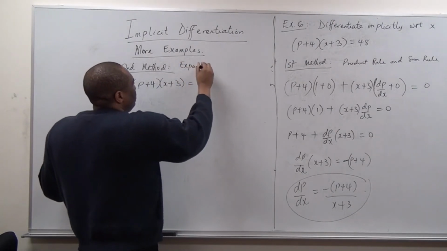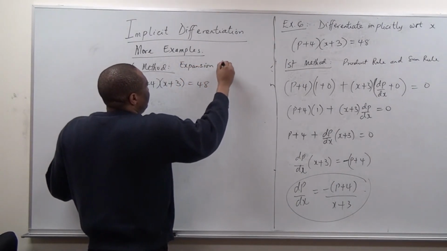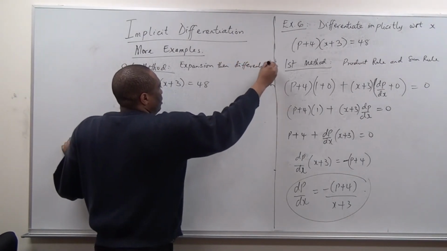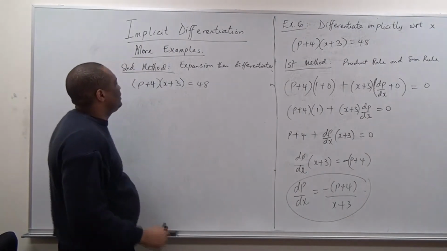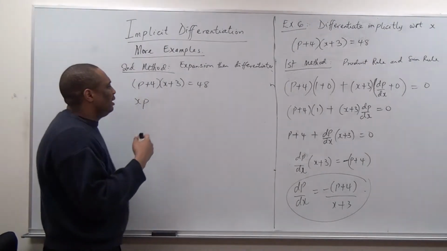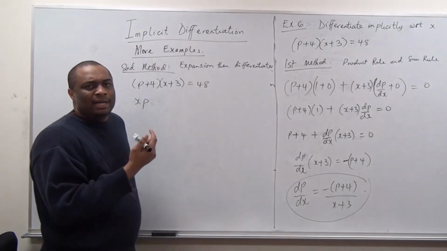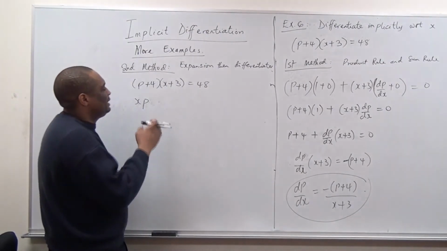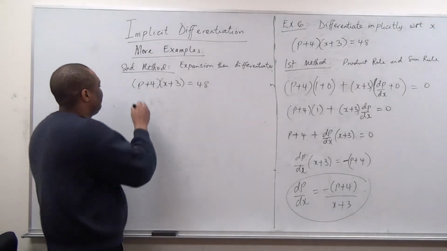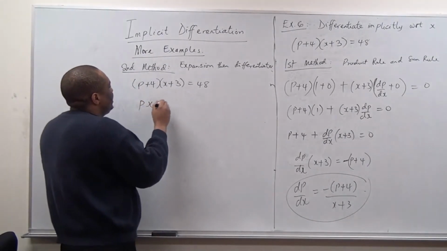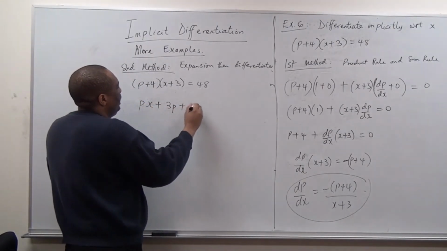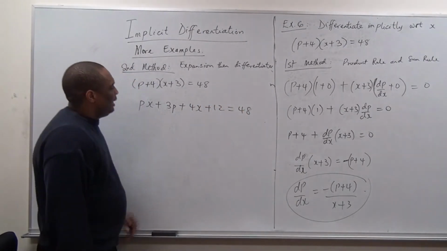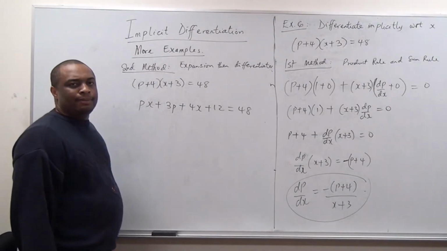So expanding first, this is xp, or px. You can say px or xp, it doesn't matter. Or let me say px because p comes before x. So px + 3p + 4x + 12 equal to 48. You can use FOIL or just simple expansion.